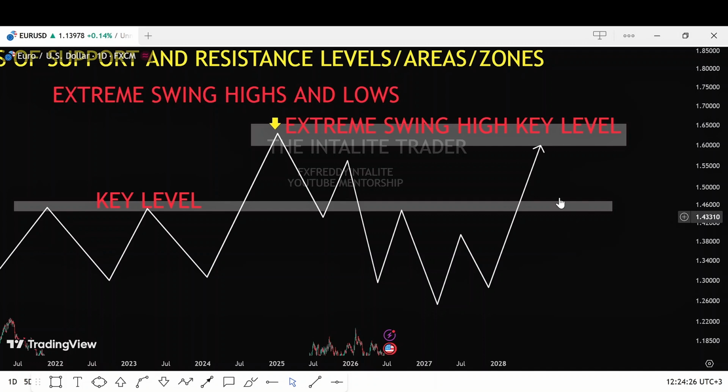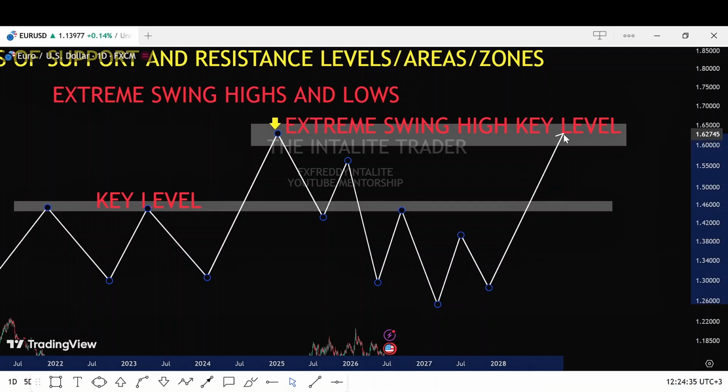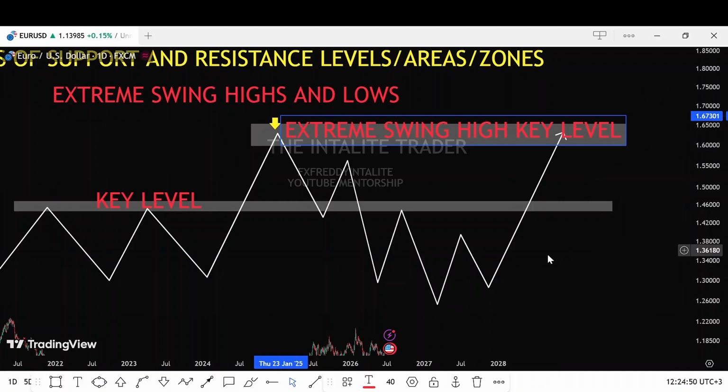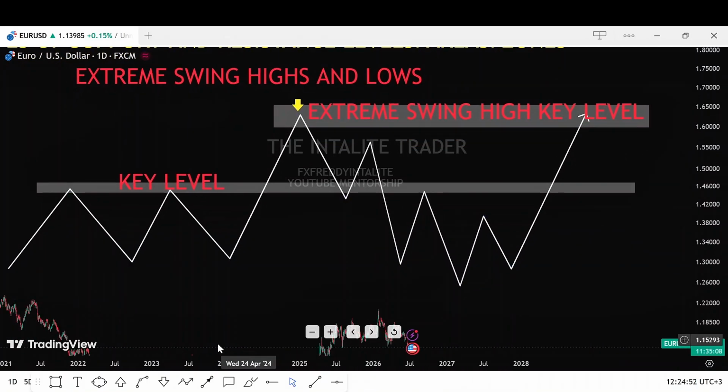So in other words, at the extreme swing high, price is seen to be expensive. So these guys will be looking forward to close their positions and sellers will be looking forward to short the price because the psychology behind here, price appears to be at a premium price.